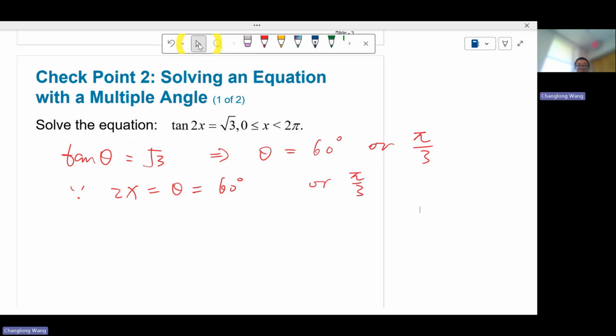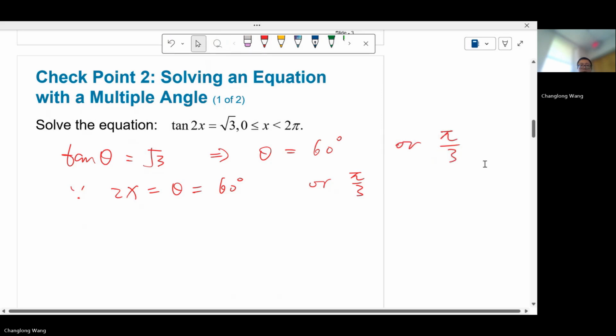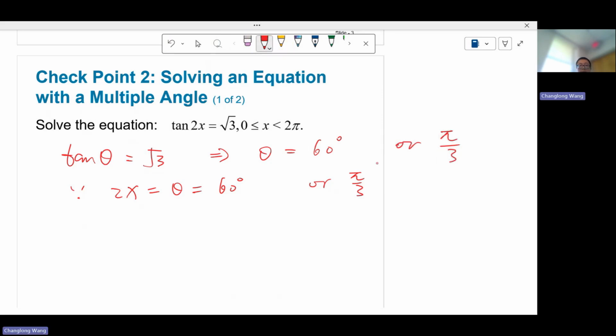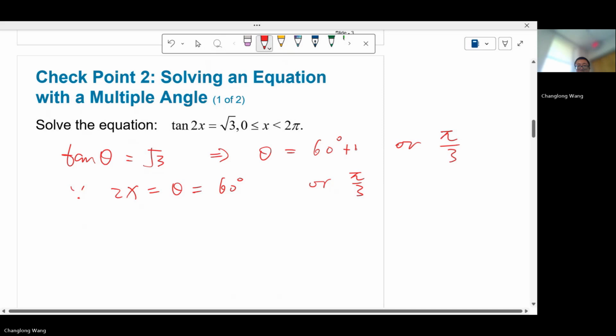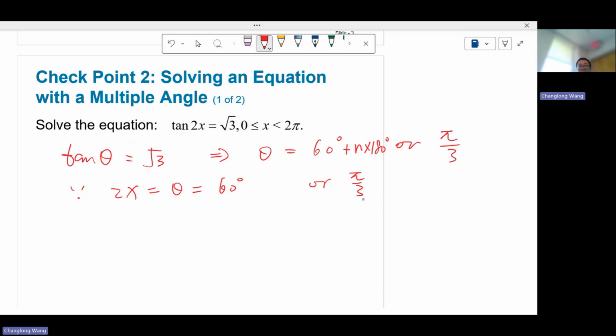So what you're going to do is, as soon as you get the fundamental angle, just go ahead and add n times 180 degrees. Just like you did with the sine and cosine, right? So you're going to add multiples of the period. But for sine and cosine, you have 360, but for tangent, it's going to be 180.